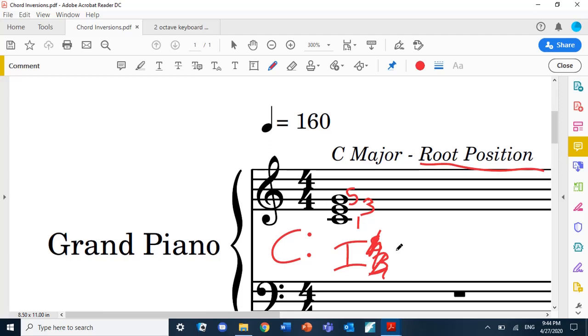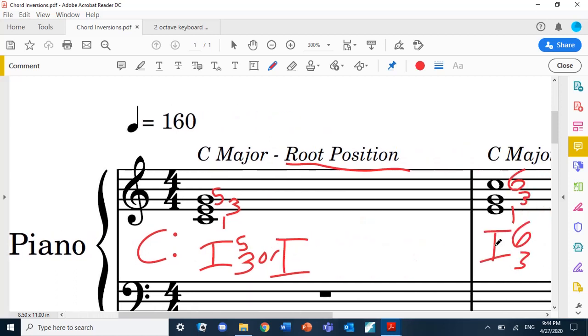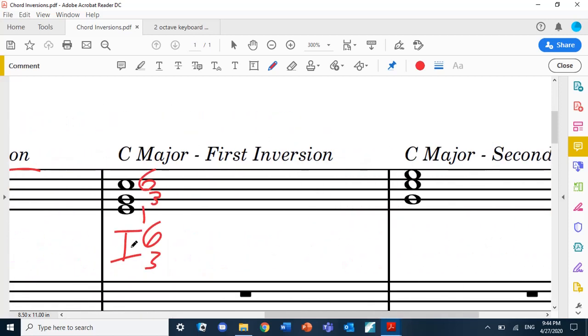So usually you'll just see this kind of thing marked as just the Roman numeral 1. So 1, 5, 3, or 1. And then over here, we can have a 1, 6. And the 3 is not really necessary.